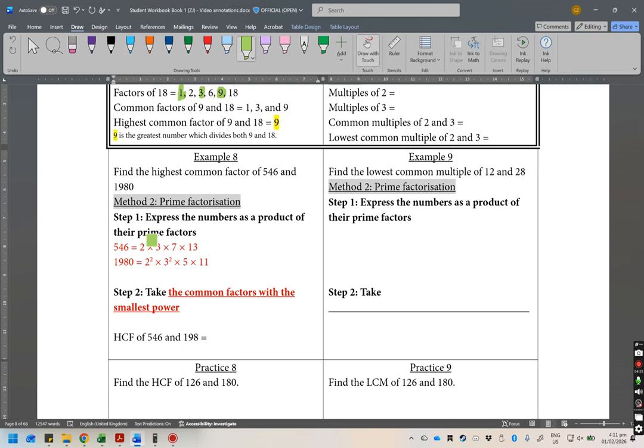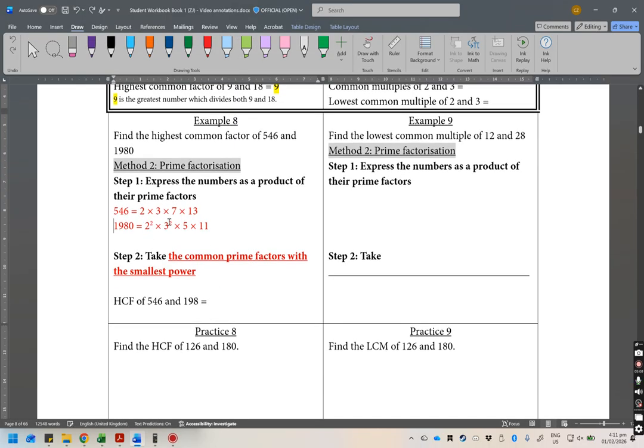So let's look at what are the common prime factors first. We have 2, 3 common; 7, 5, 13, 11 are not common.